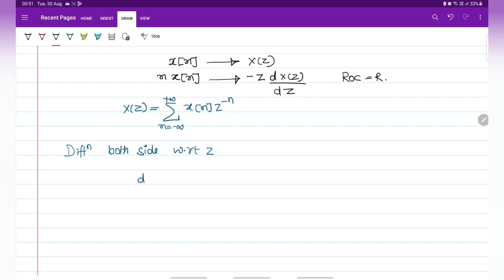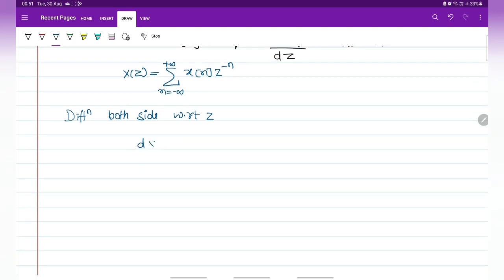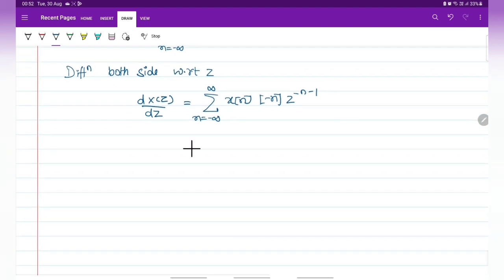So on the left side we will get dX of z by dz, and on the right side it will be summation of n is equal to minus infinity to infinity. This is the function of n, so we leave this as it is, and this will be minus n z to the power minus n minus 1, right?